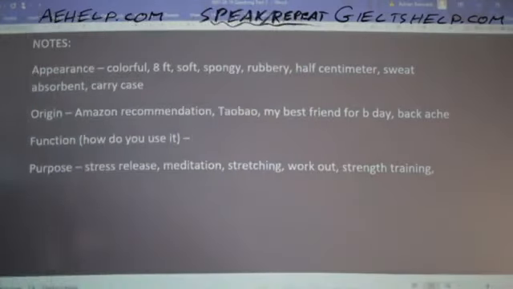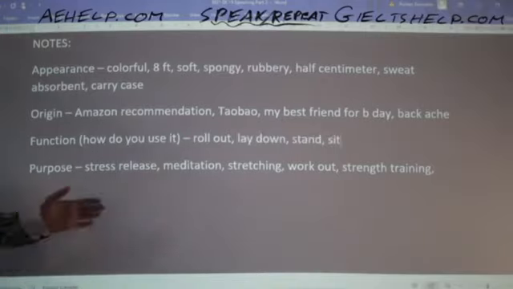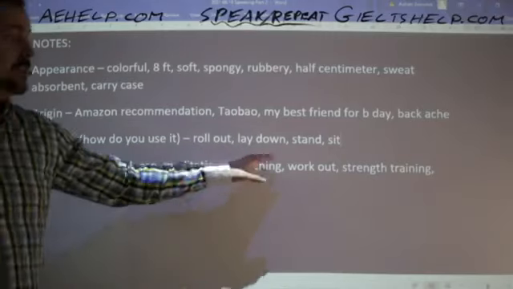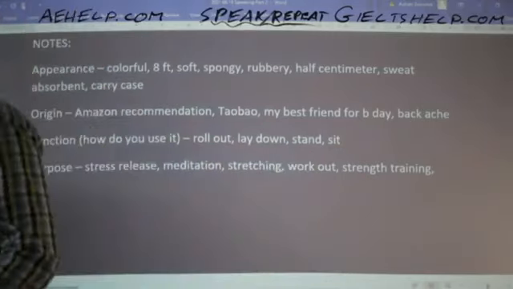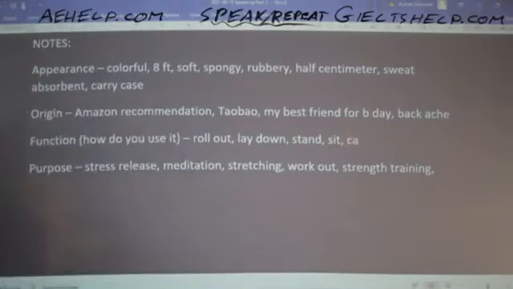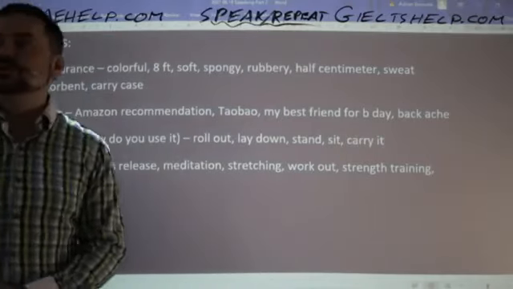Yeah, so roll it out. Okay, you roll it out, you roll it up, you lay down on it, you stand on it, you sit on it, you take it with you. Okay. So that's how you use it, okay?